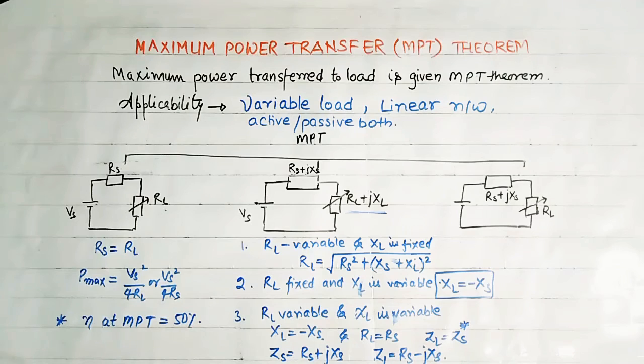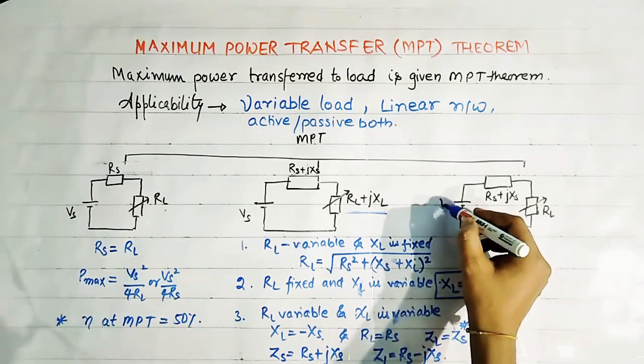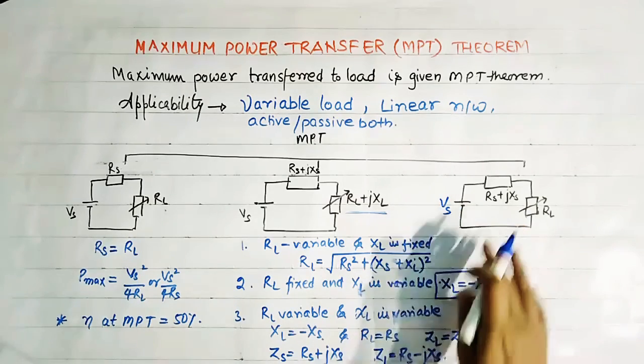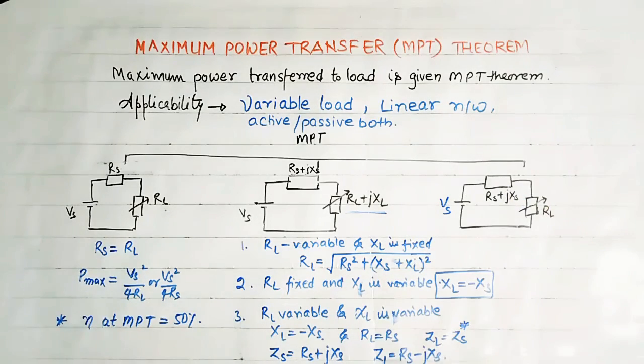Now see the last case. In this case, suppose this is Vs and this source impedance is Rs plus jXs, and at the load there is only resistance, and this resistance is variable.